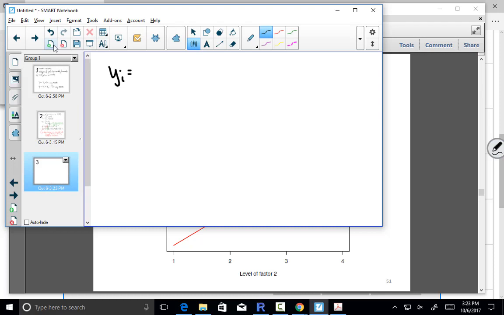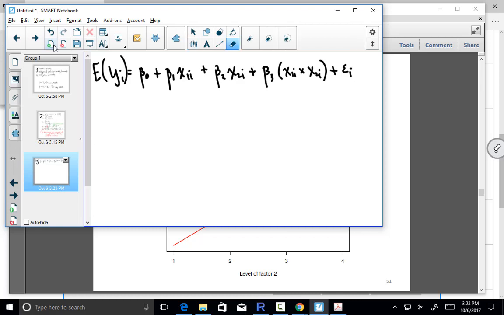Let's consider this model again. Beta 0, beta 1 x1i, beta 2 x2i, beta 3 x1i times x2i. Another way to write this is that the expected value of yi equals that linear combination.